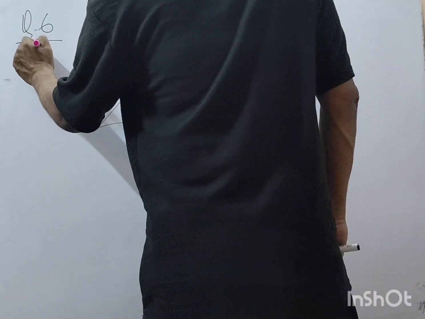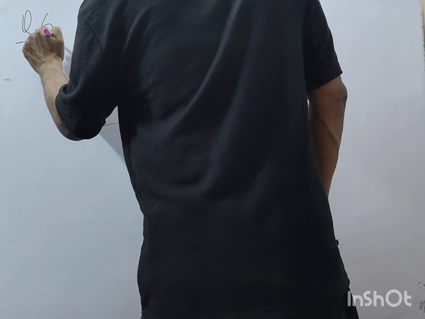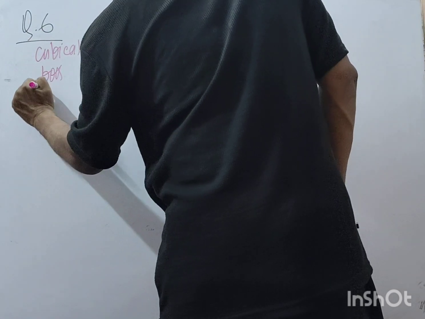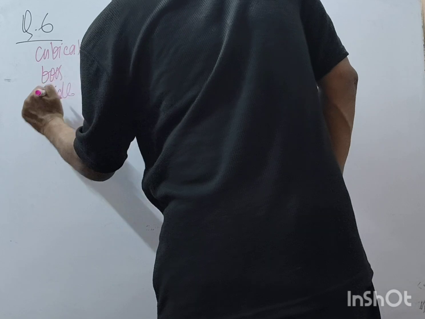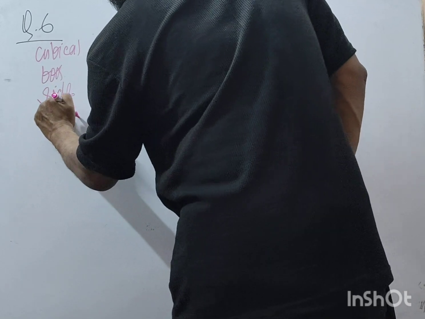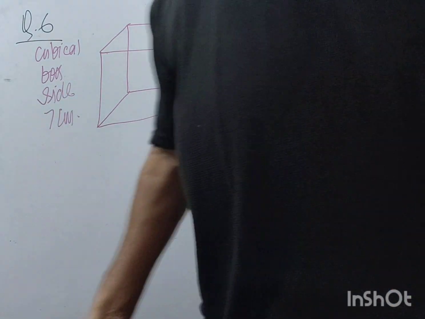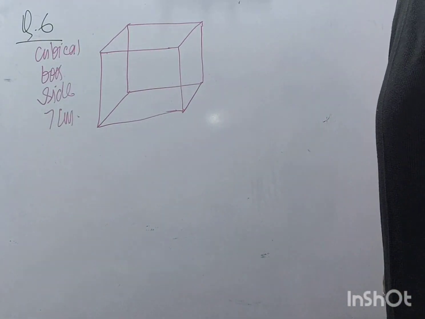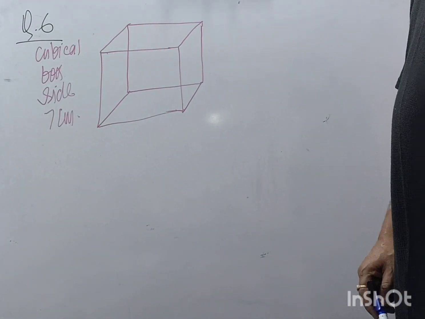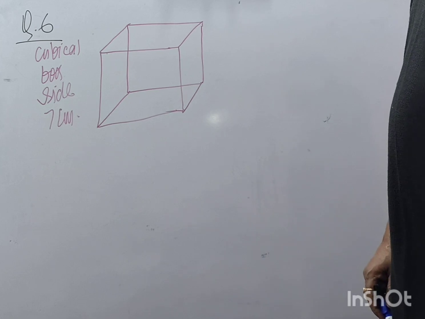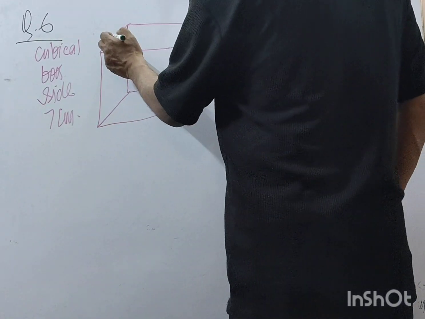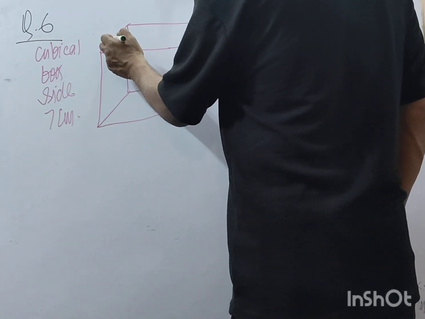This is a cubical box, side 7 centimeter. Right? So what you do? Surmounted by a hemisphere.